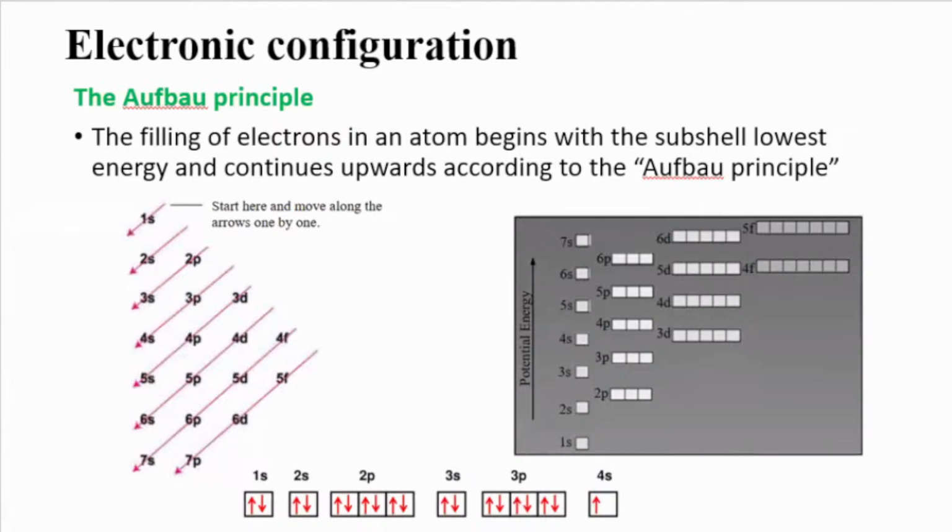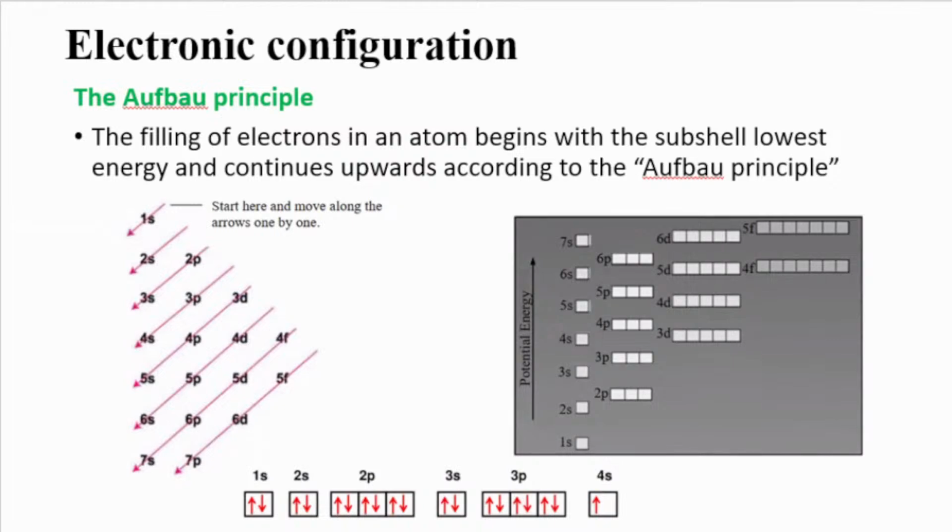You learned about main energy levels, then subshells, then orbitals in the subshells, and the maximum number of electrons occupied in the orbitals. Then we'll move on to the electronic configuration. Before moving on, there are some theories you need to know before writing the electronic configuration.